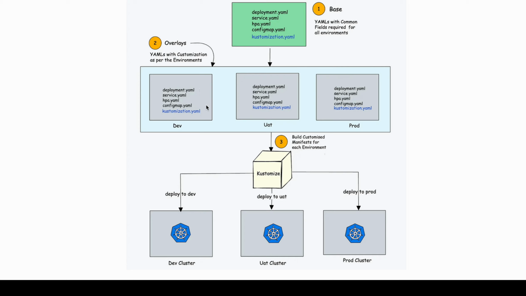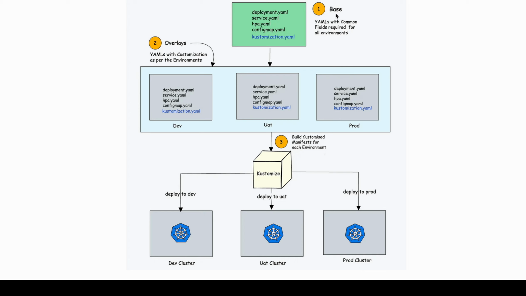After creating this customization.yaml for each environment, we are building the customized manifest for each environment. So using Kustomize, we are deploying the specific set of YAML manifest files to the specific dev cluster, UAT cluster, as well as the prod cluster.